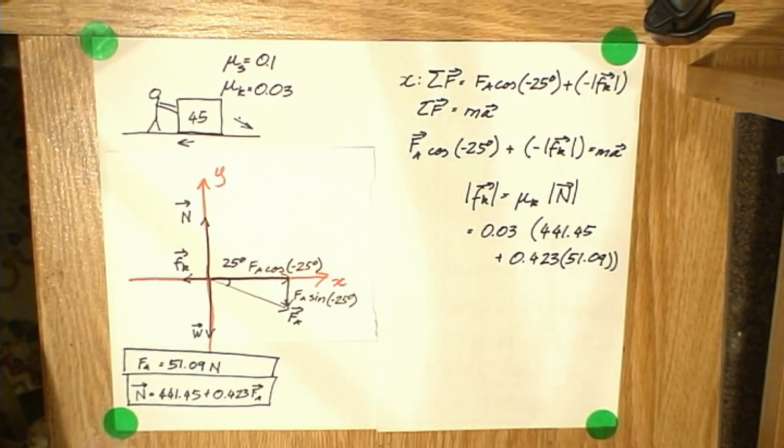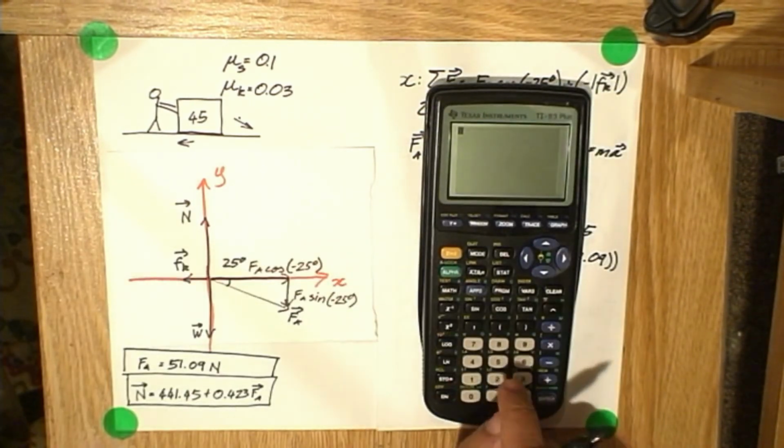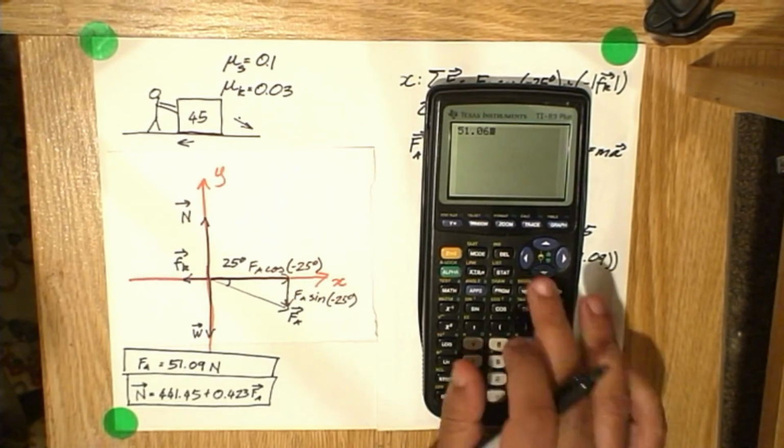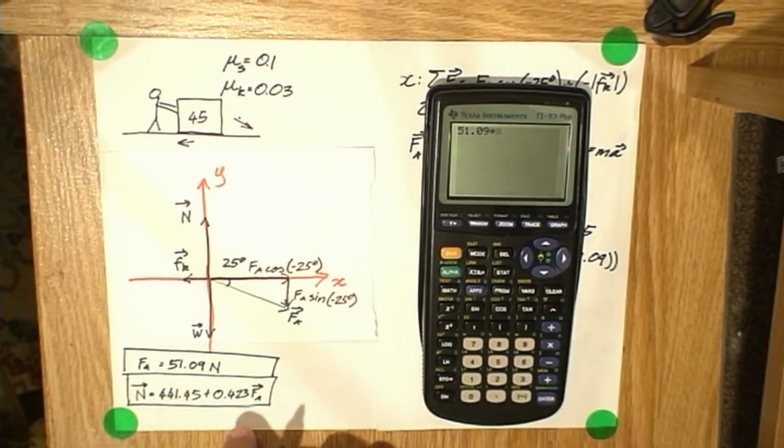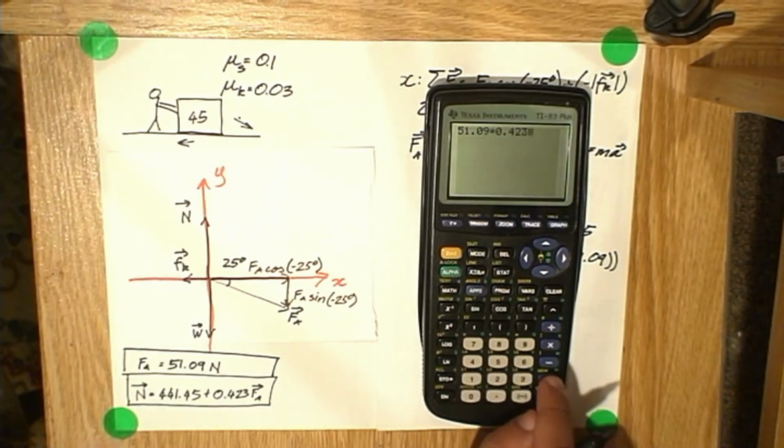So, let's work this out. 51.09 multiplied by 0.423 plus 441.45 is 463.06.